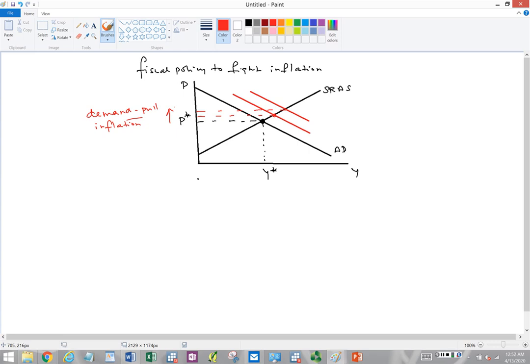So if we have inflation of this kind, inflation caused by too rapid an increase in aggregate demand, then the way to fight this inflation is by the government doing the opposite of what it did to fight unemployment, to fight a recession. So in this case, what the government would want to do is put the brakes on this too rapid a rightward shift of the AD curve. And the way to do this is to decrease its own spending and raise taxes.